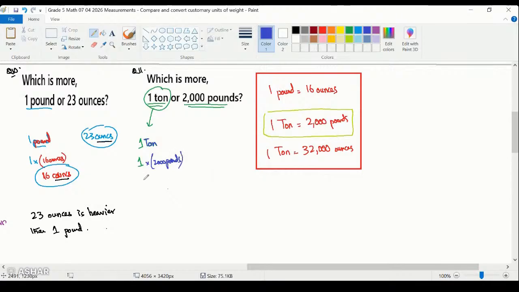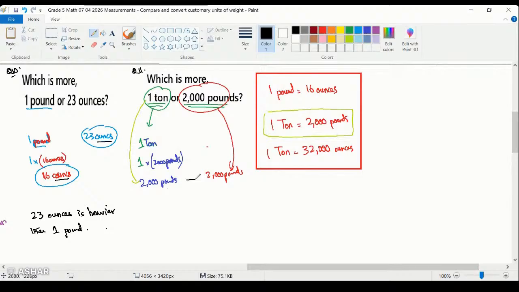So can we say 1 ton is equal to 2,000 pounds? And over here we had 2,000 pounds. So which is heavier? Is this 2,000 pounds heavier or is this 1 ton heavier?